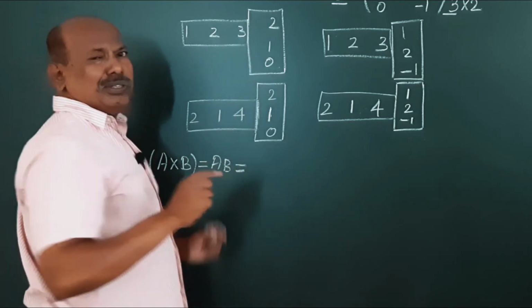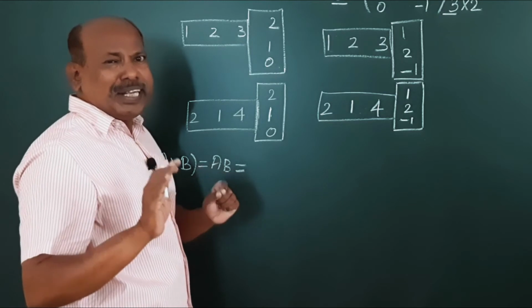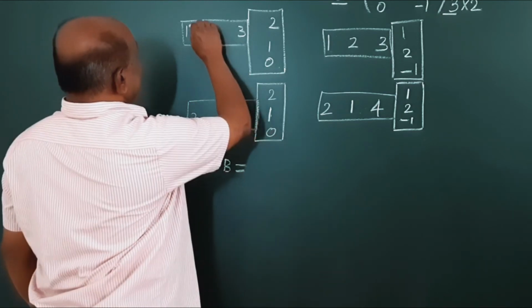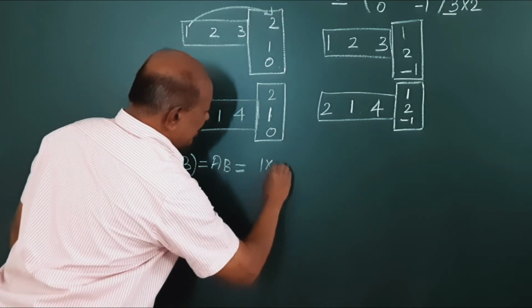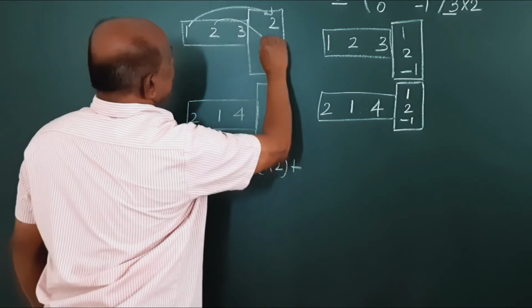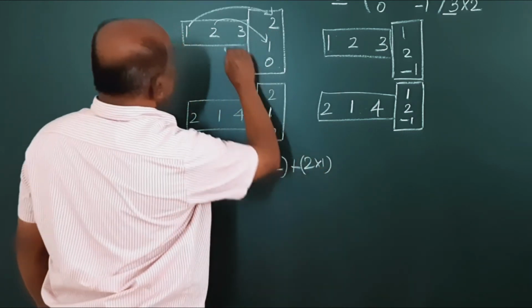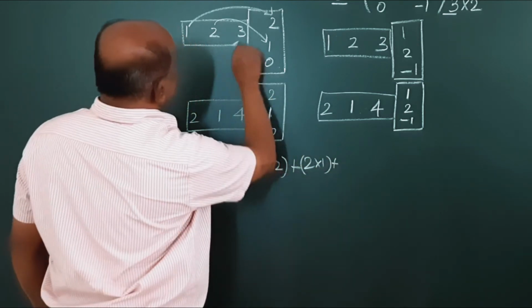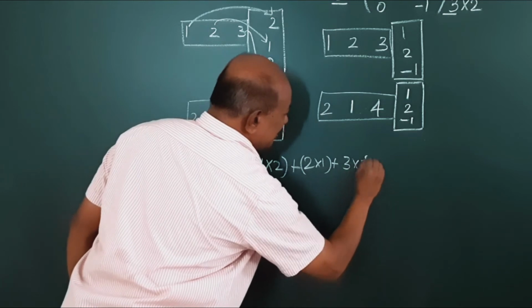Now I am going to multiply. The corresponding elements should be taken for multiplication. Here 1 into 2 plus 2 into 1 plus 3 into 0.